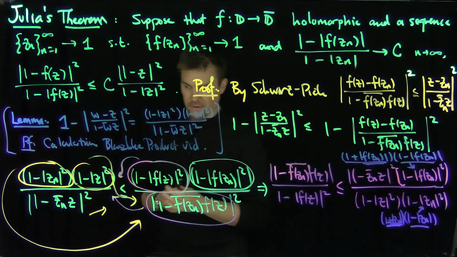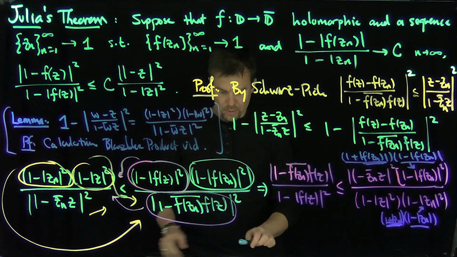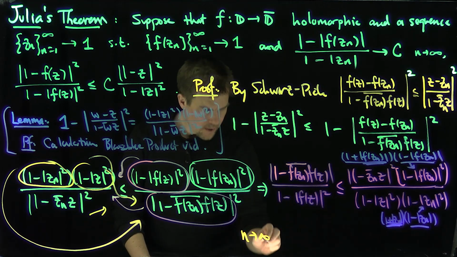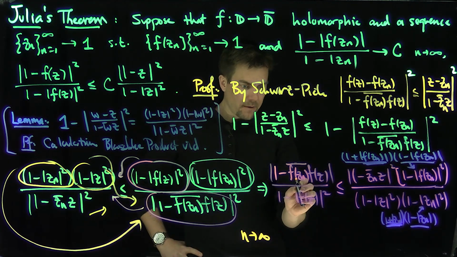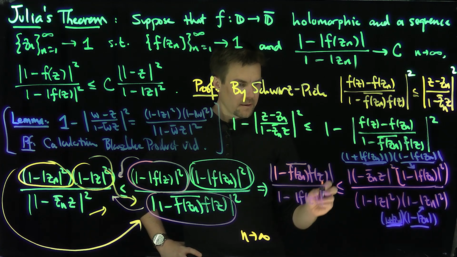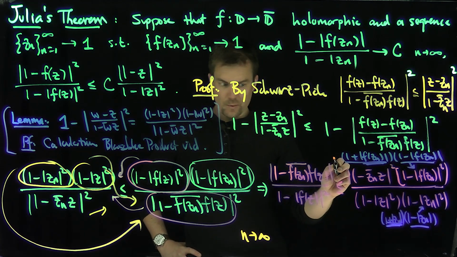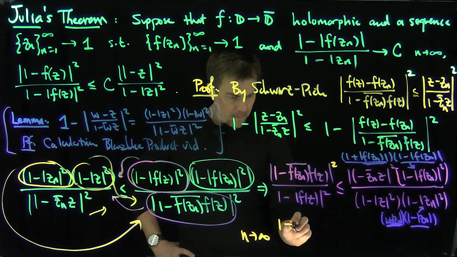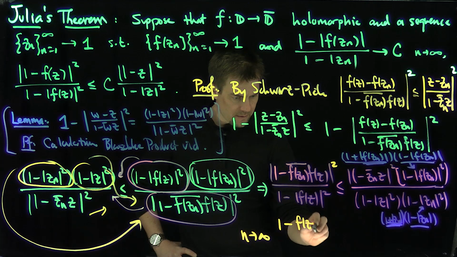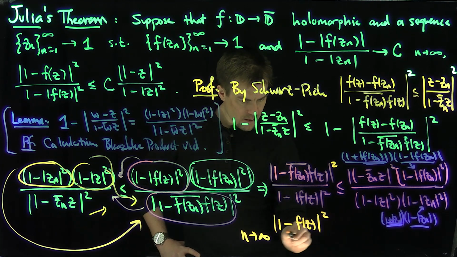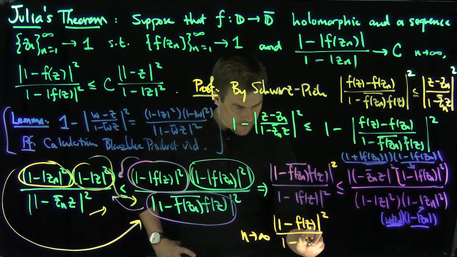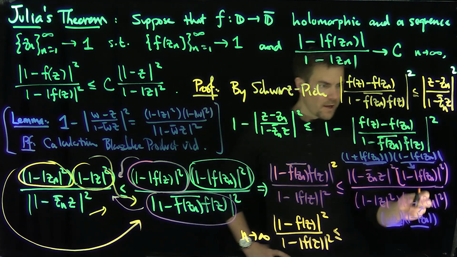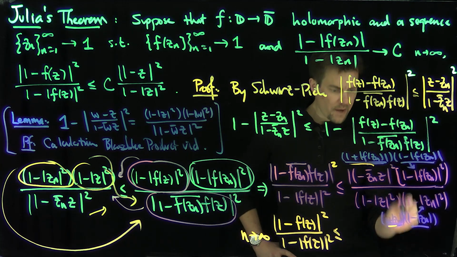So as we let n go to infinity, what happens over here? The numerator, well, f is going to 1, right? And that, of course, is squared. There should be a squared over here. Yeah, that's a squared. So I'll have 1 minus f of z squared over 1 minus mod f of z squared is less than or equal to, again, this is 1 over 1, that's 2.